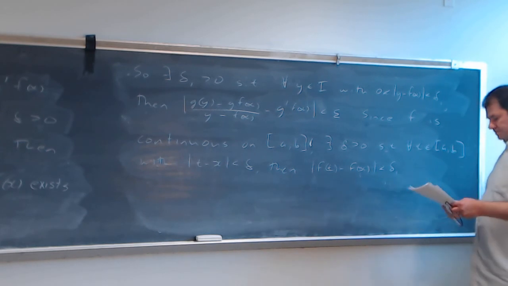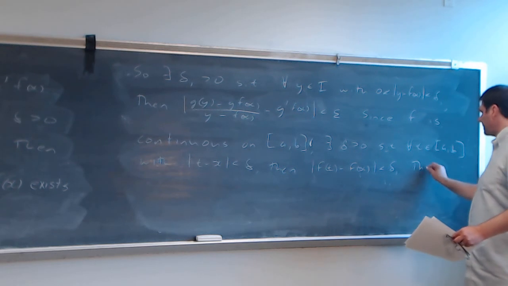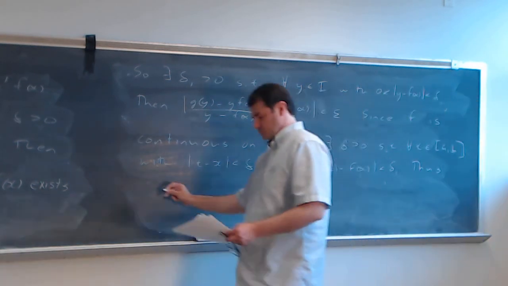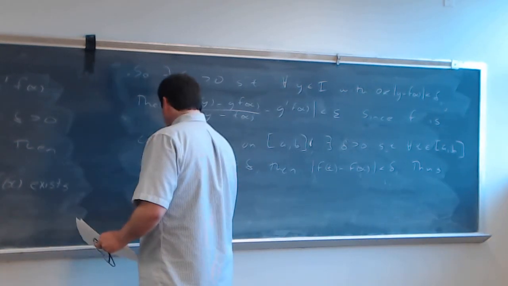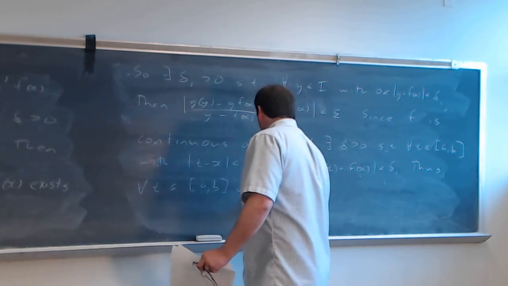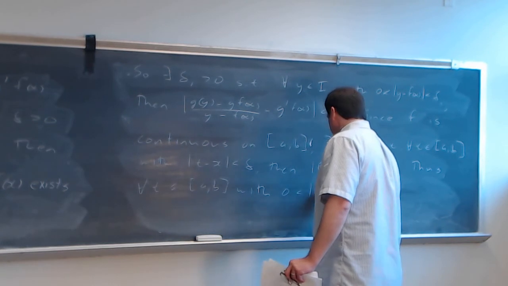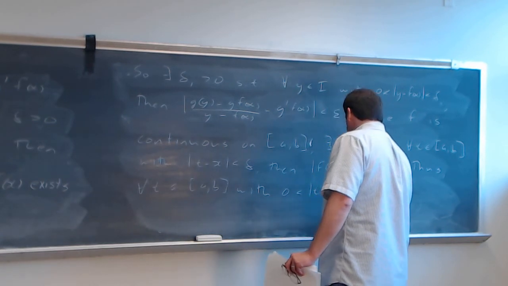And so what we're getting then is, thus for all t element of A to B with 0 being less than the absolute value of t minus x being less than delta.